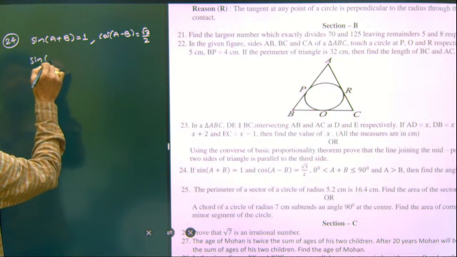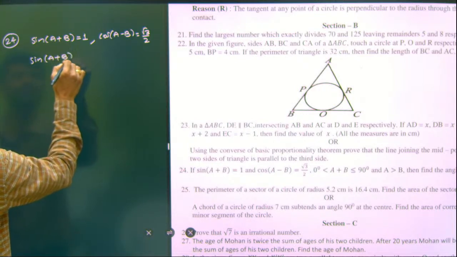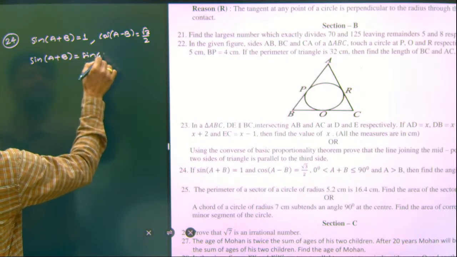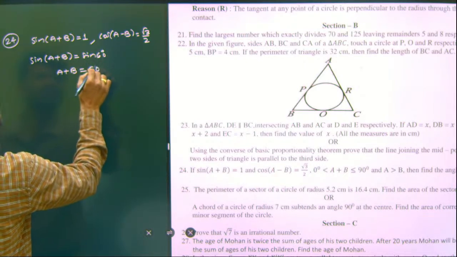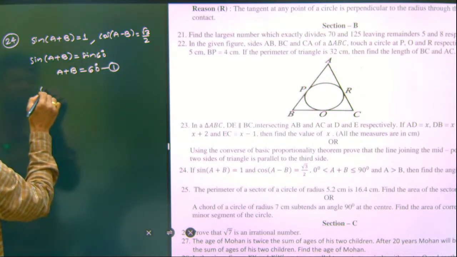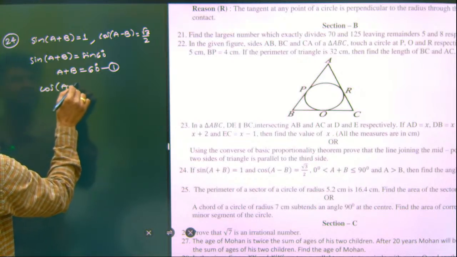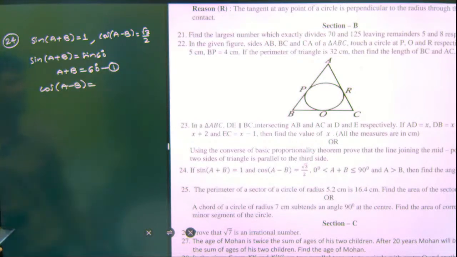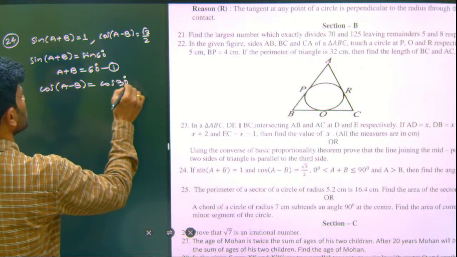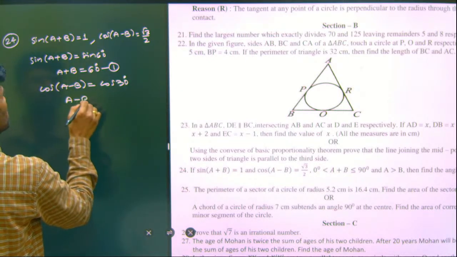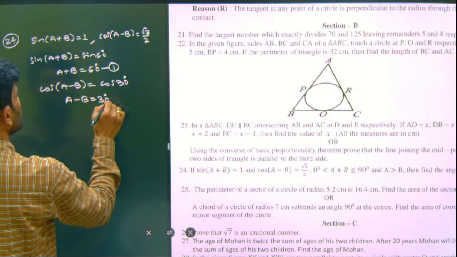Sine of A plus B is equal to sine 90 degrees. A plus B is equal to 90 degrees, equation 1. Cos of A minus B is equal to, at what angle is it root 3 by 2? 30 degrees. So cos 30 degrees. A minus B is equal to 30 degrees, equation 2.